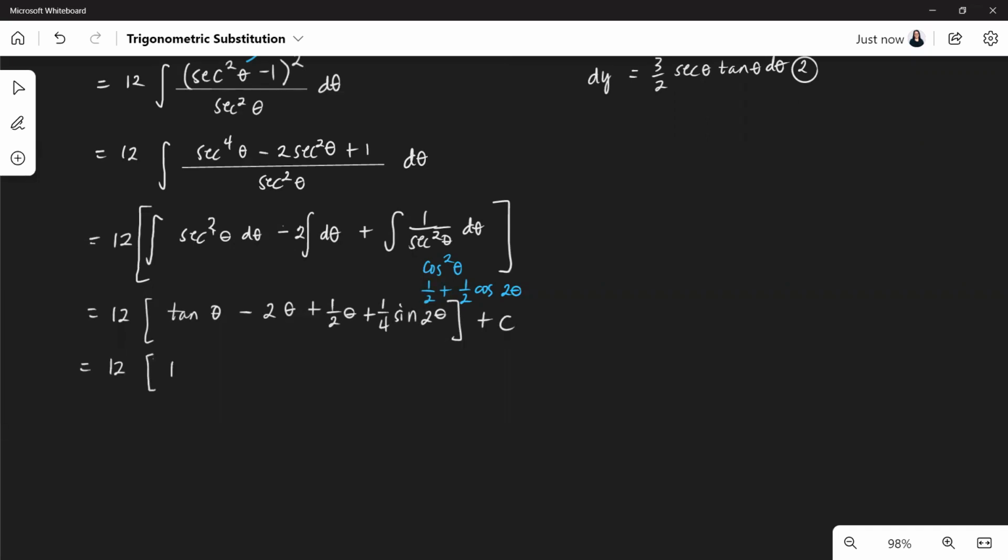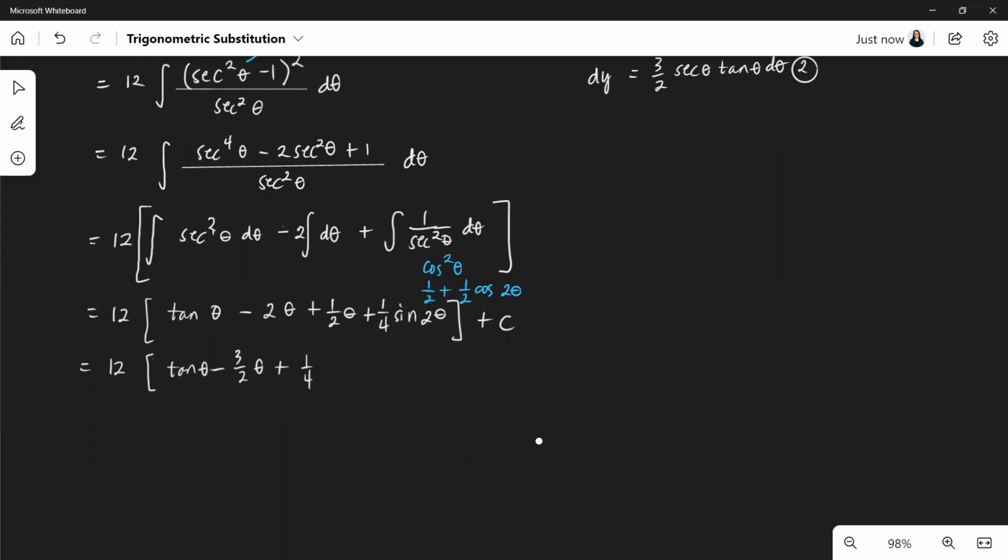Simplify before restoring the original variable. So this is tangent theta. These are similar terms: negative 2 plus 1/2, that's negative 3/2 theta. Then plus 1/4, and then we can use the double angle identity to go back to the single angle theta.